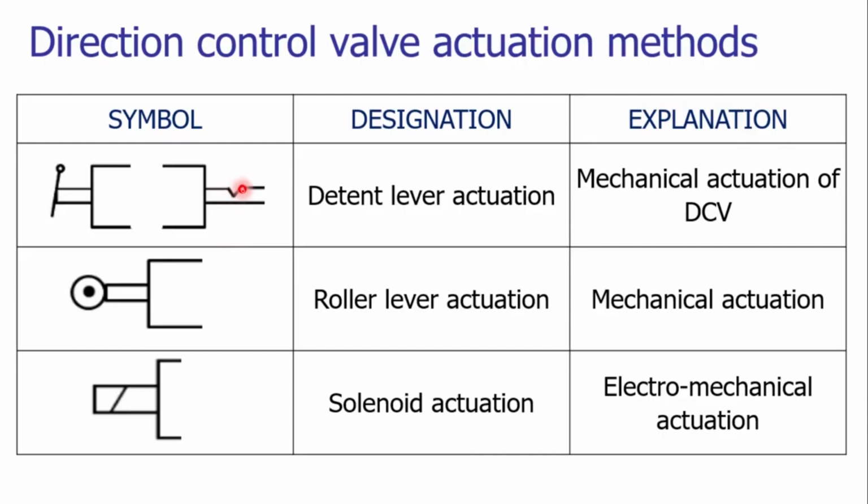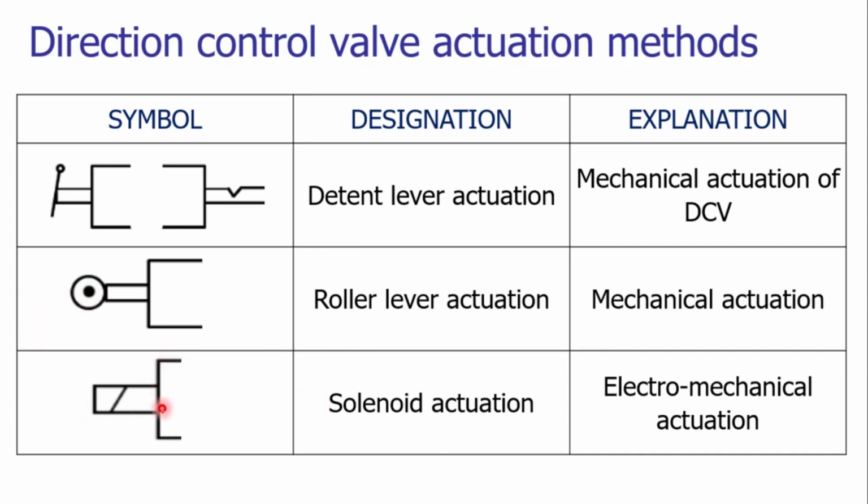For that purpose, detent is a mechanical element which has various slots, and those slots are utilized to lock the valve in its intended position. We can have the roller lever actuation. So the roller lever can be represented by a circle with a concentric filled-in circle.